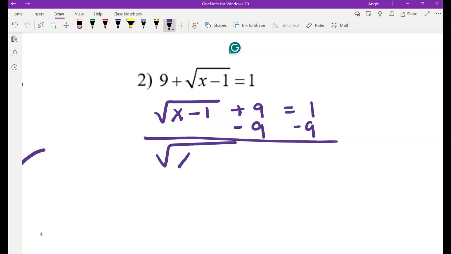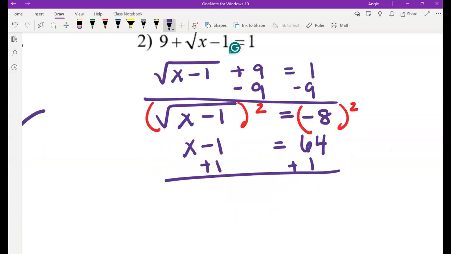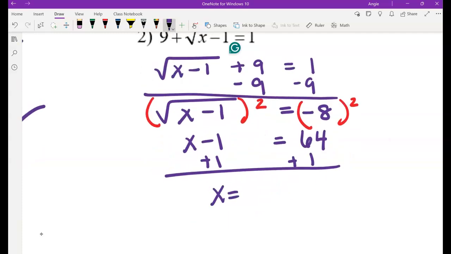So square root of x minus 1 equals 1 take away 9, which is negative 8. Square both sides now that the radical is all by itself. So x minus 1 equals negative 8 quantity squared, which is positive 64. Plus 1 to both sides. 64 plus 1 is going to be 65.